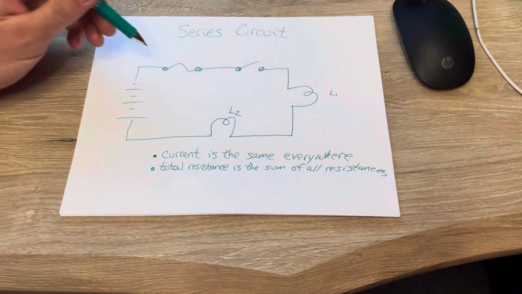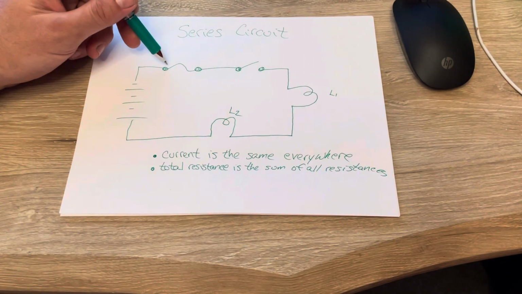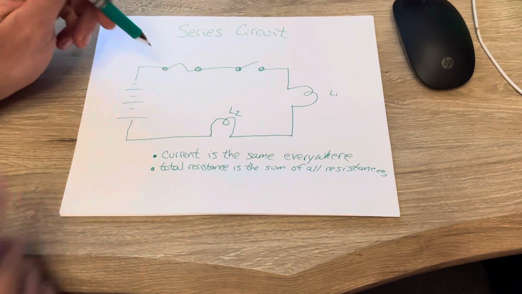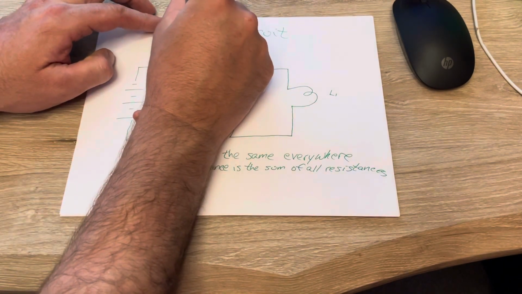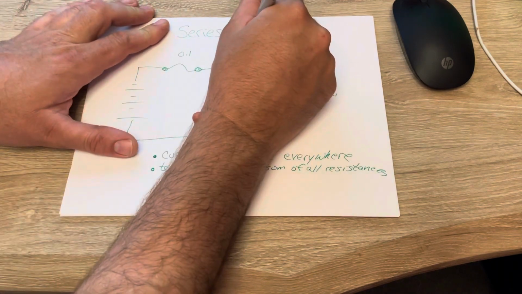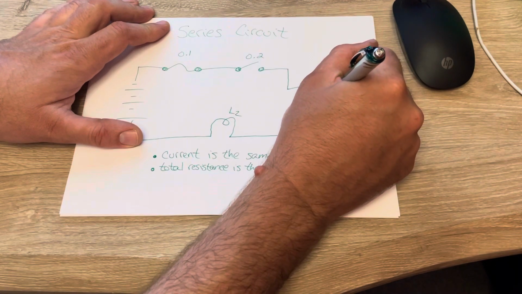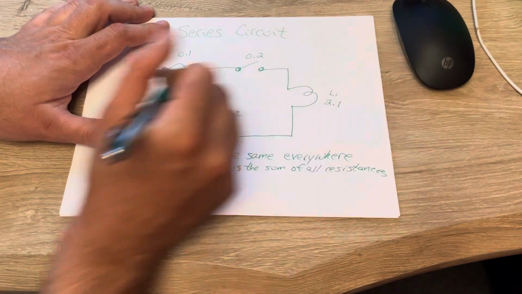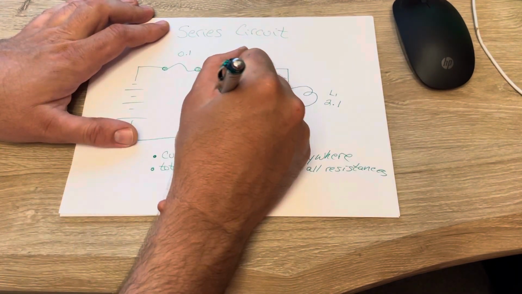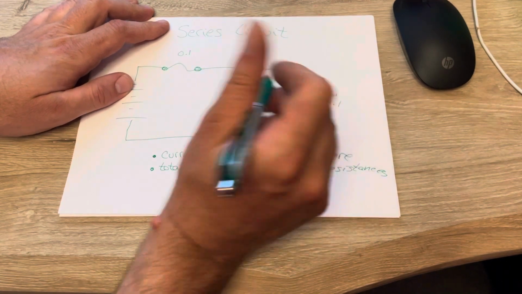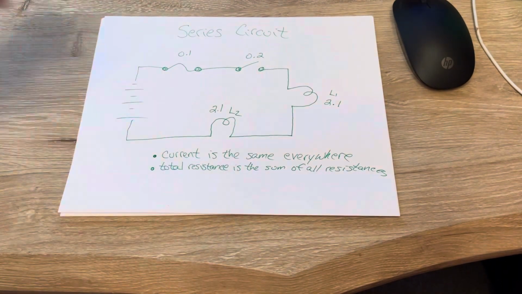So in a series circuit, if this fuse had 0.1 ohms of resistance and the switch had 0.2 ohms, and this light bulb had 2.1 ohms, and this light bulb had 2.1 ohms of resistance, then we could just add all of those together and we would get the total resistance of the circuit.